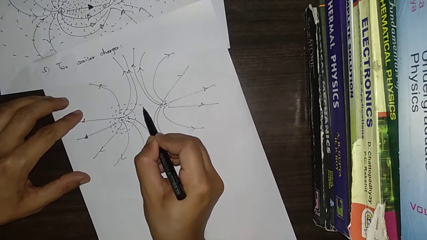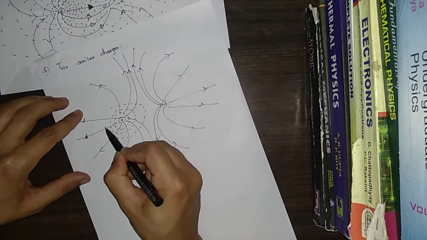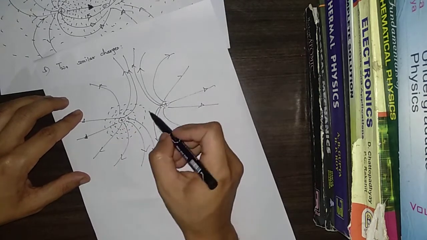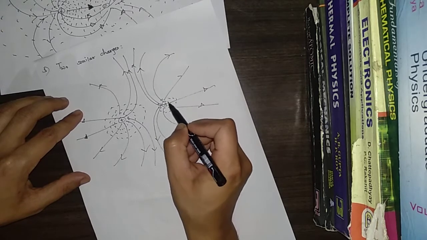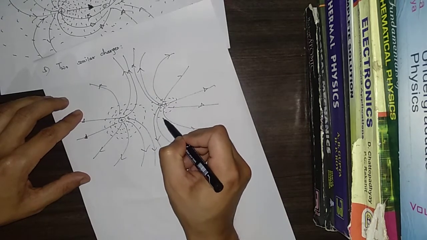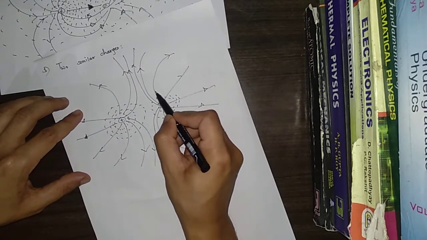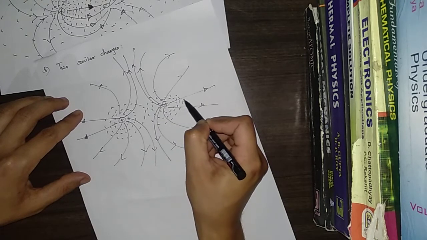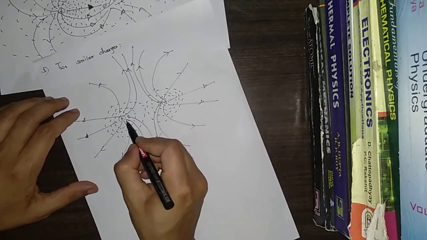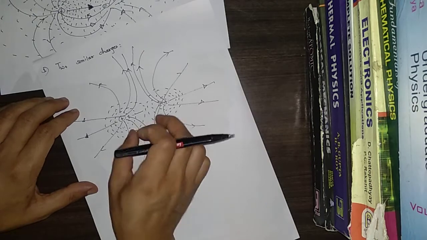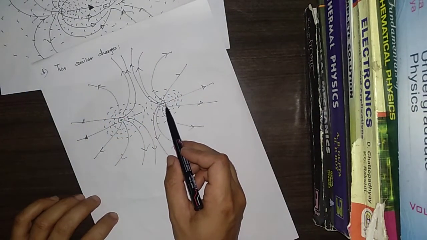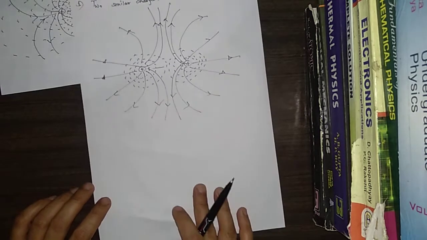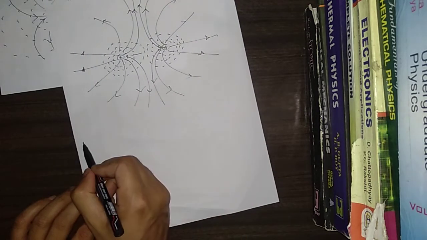So the equipotential surfaces in this direction go farther apart, because they are getting repelled by the equipotential surface of this charge. For a clear picture, you can refer to the book again.